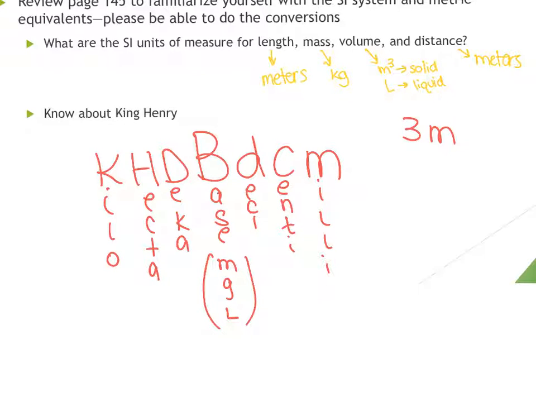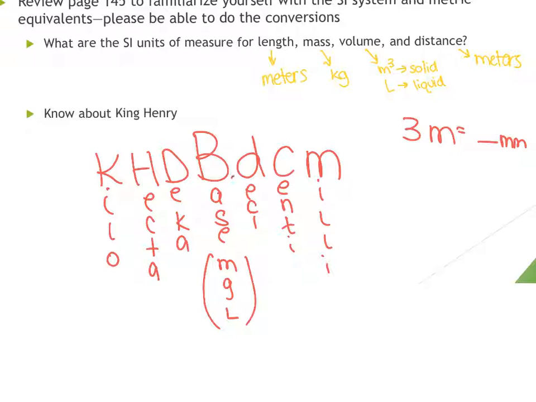So if I have 3 meters and I asked you how many millimeters it is, there's 2 ways you can do it. You can do simple dimensional analysis, or you can just move the decimal. So for example, you told me that the decimal at the end of my 3 meters is at the end of the number.